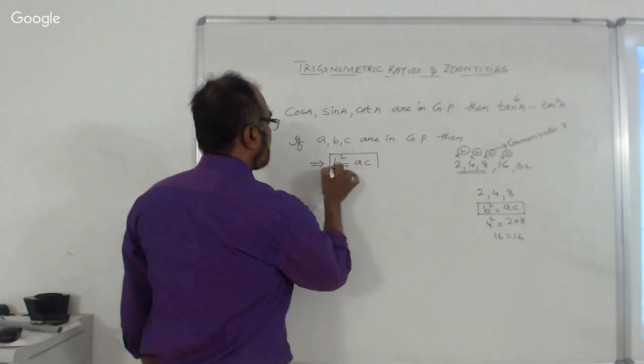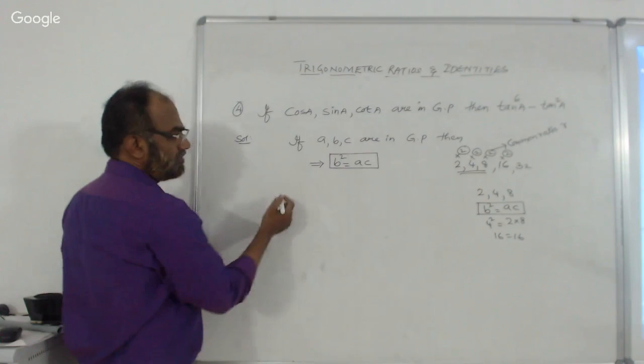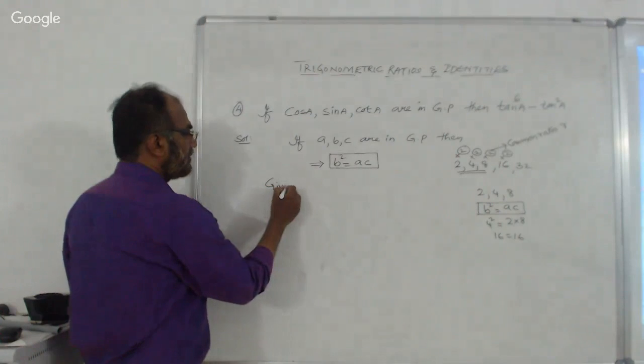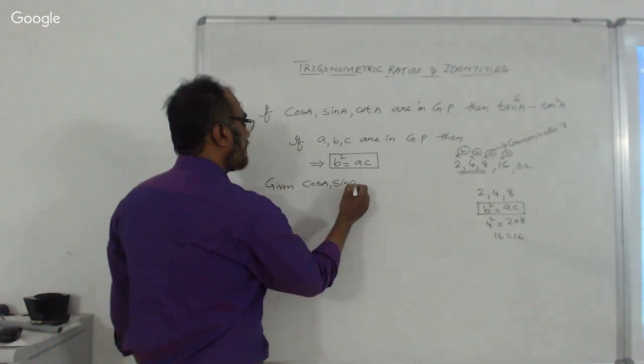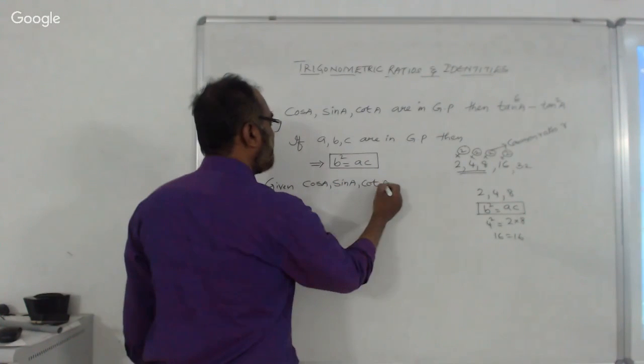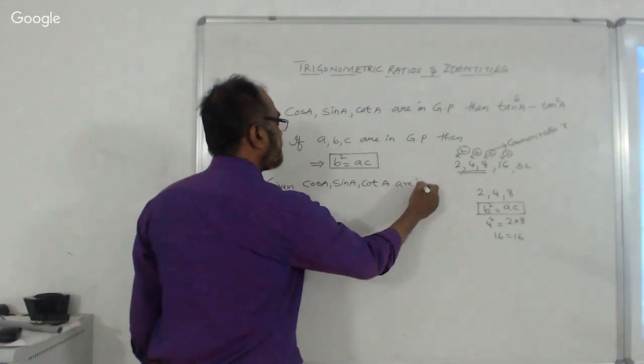Now, the three terms cos A, sin A, cot A are in geometric progression.